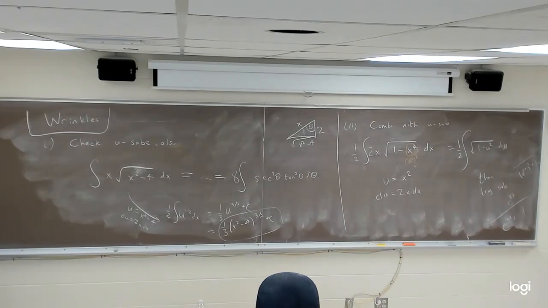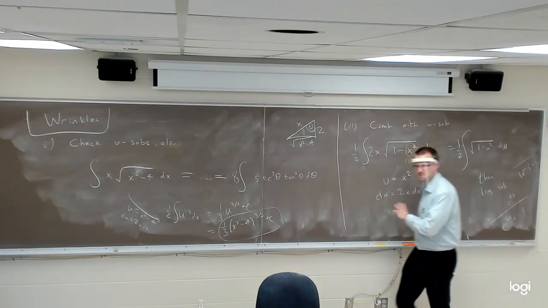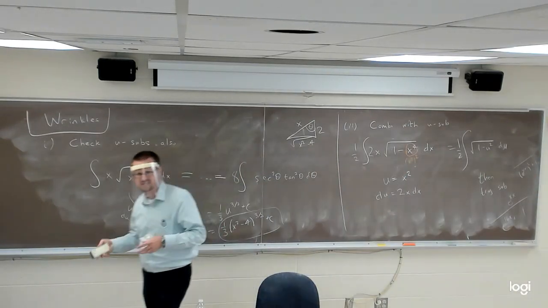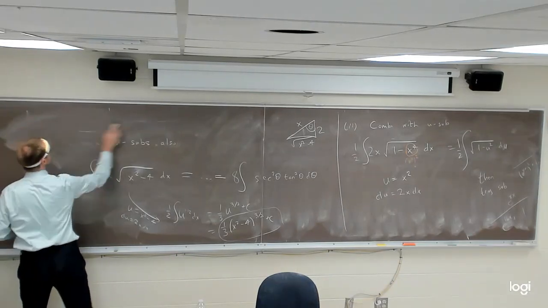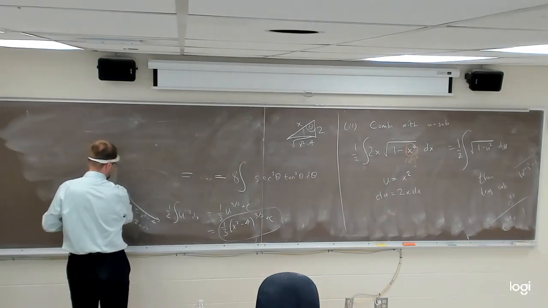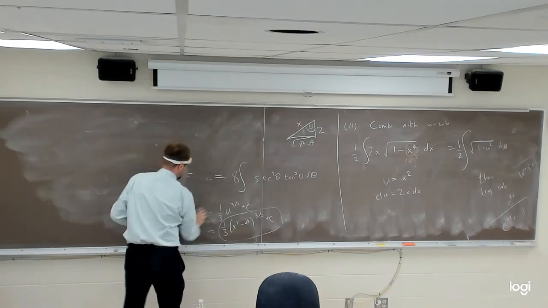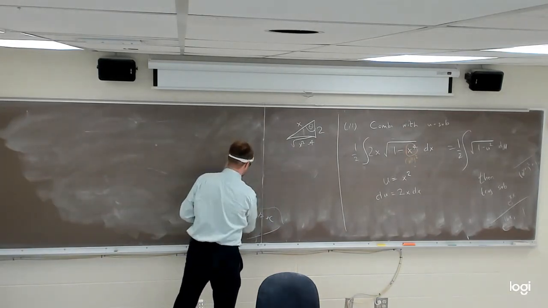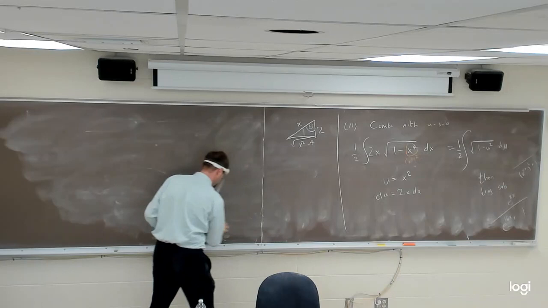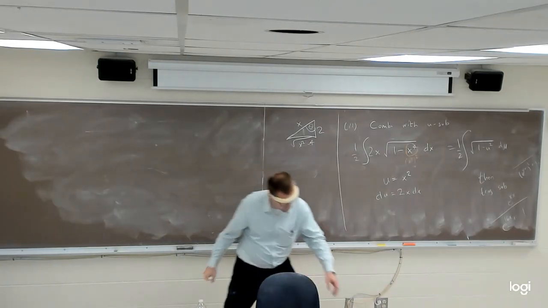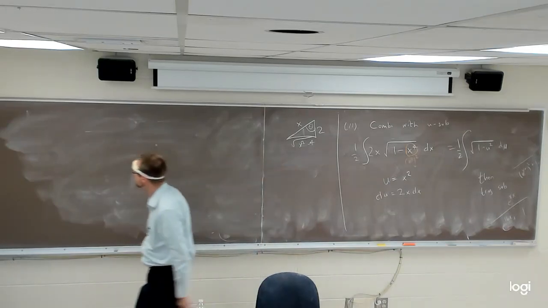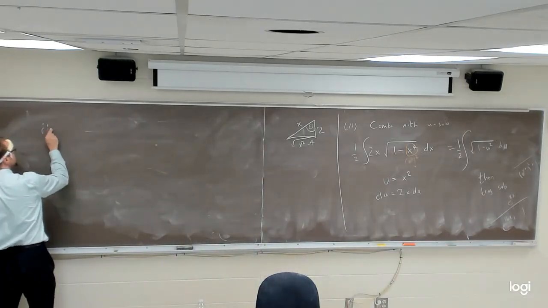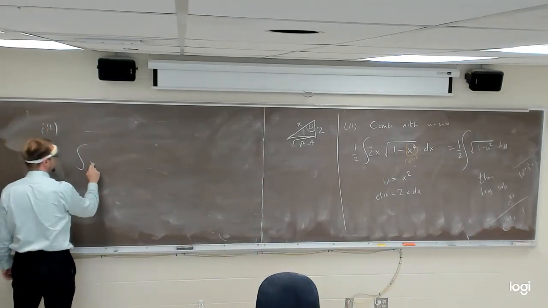So you may need to do another substitution or something before it starts to look Pythagorean. The other thing that you may need to do before it really starts to look Pythagorean will be illustrated in the next example. So I'm going to hold back the punchline a little bit.